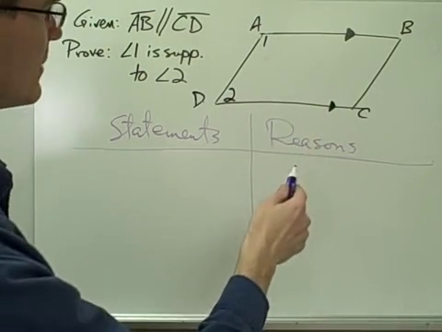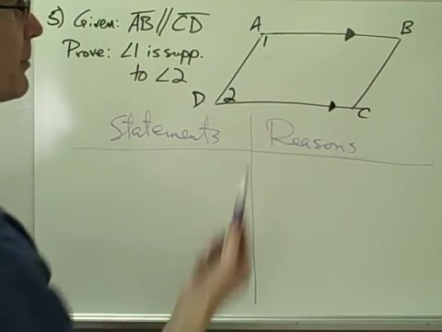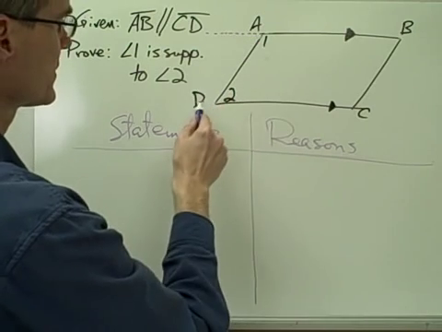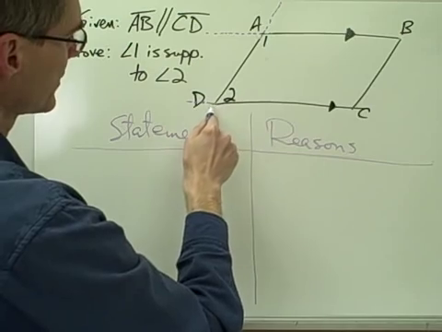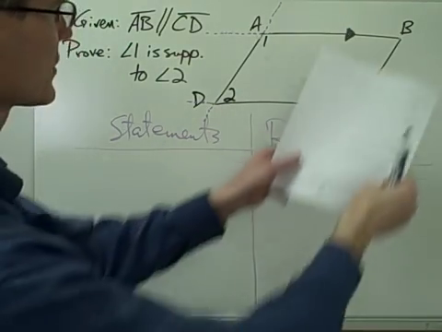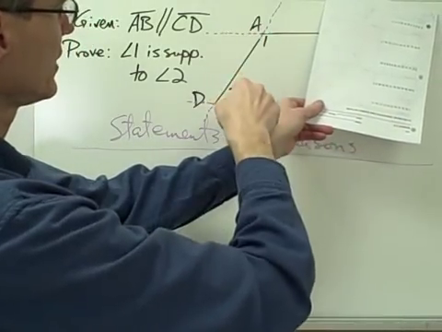So let's see what my plan for my proof is going to be. I'm trying to prove that angle 1 and angle 2 are supplementary angles. Let me use one of my problem-solving tips and extend these lines out a little bit. Actually, let me use my other problem-solving tip and cover up this part of my figure so that I'm just looking at this part over here.